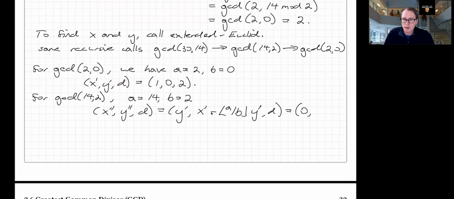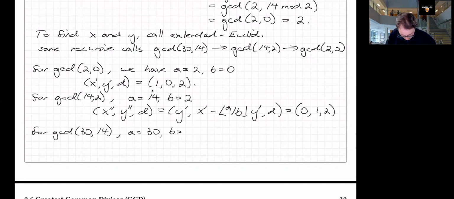X prime is 1 minus the floor of A over B times Y prime, but Y prime is 0. So this is just going to be X prime, which is 1. And then 2.